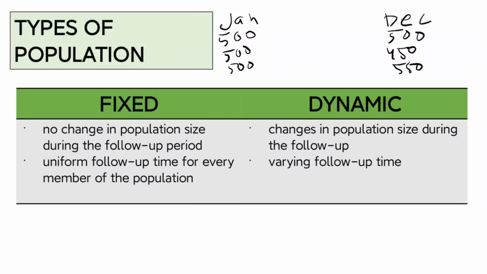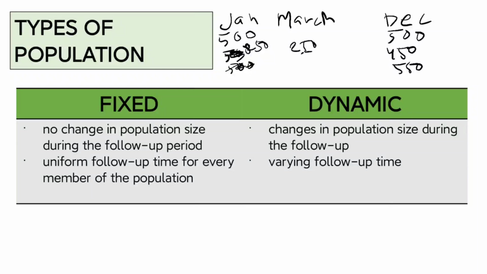Okay? Or pwede ring, instead of January, nag-start ka ng March ng 250, tapos yung iba natapos ng March, tapos nag-start ka ng 250 ng March, natapos ng December ng 450.